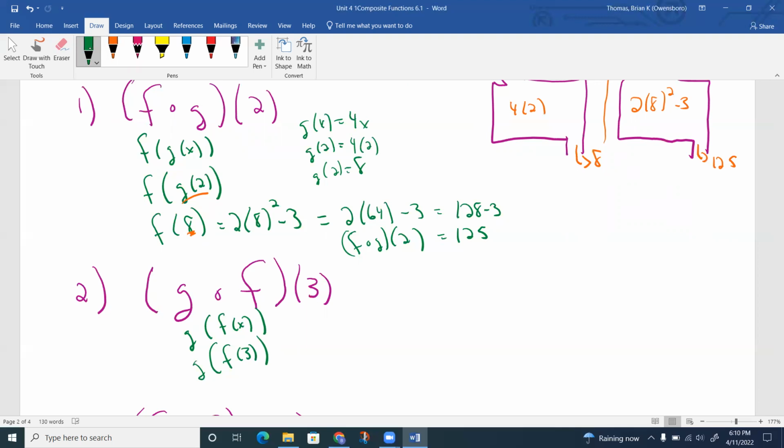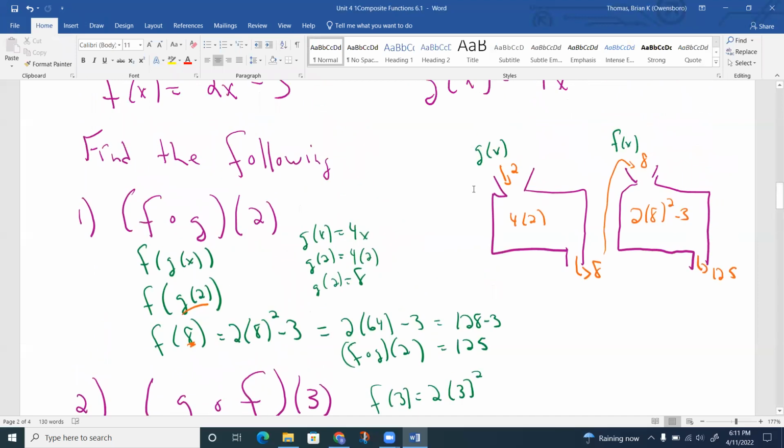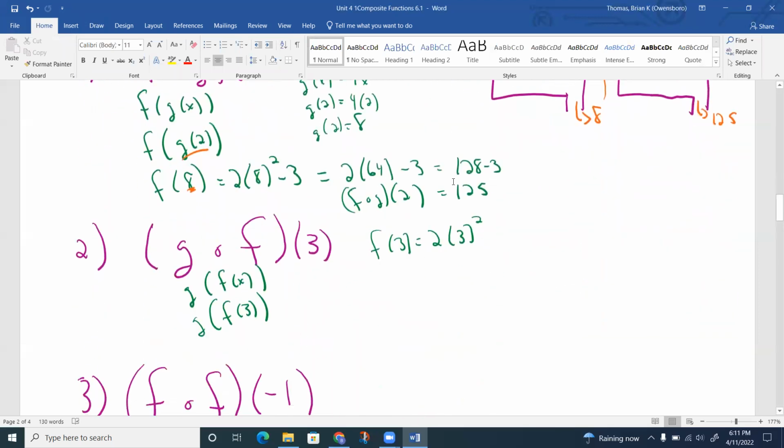So f of 3 is going to equal 2 times 3 squared. And then what was the rest of that? I can't remember now. 2x squared minus 3. So 2 times 3 squared minus 3. If we follow the order of operations here, we have 2 times 9 minus 3. That's going to be 18 minus 3, which turns into 15.